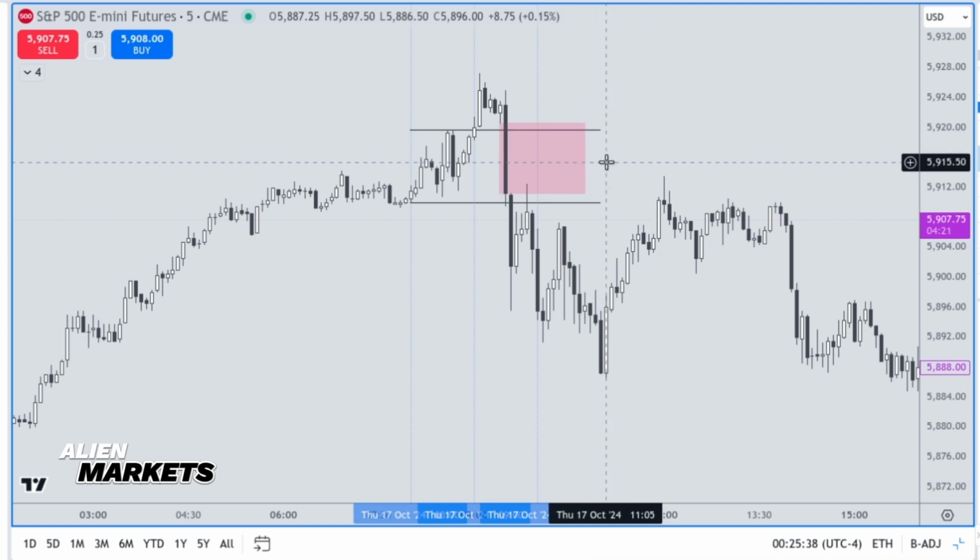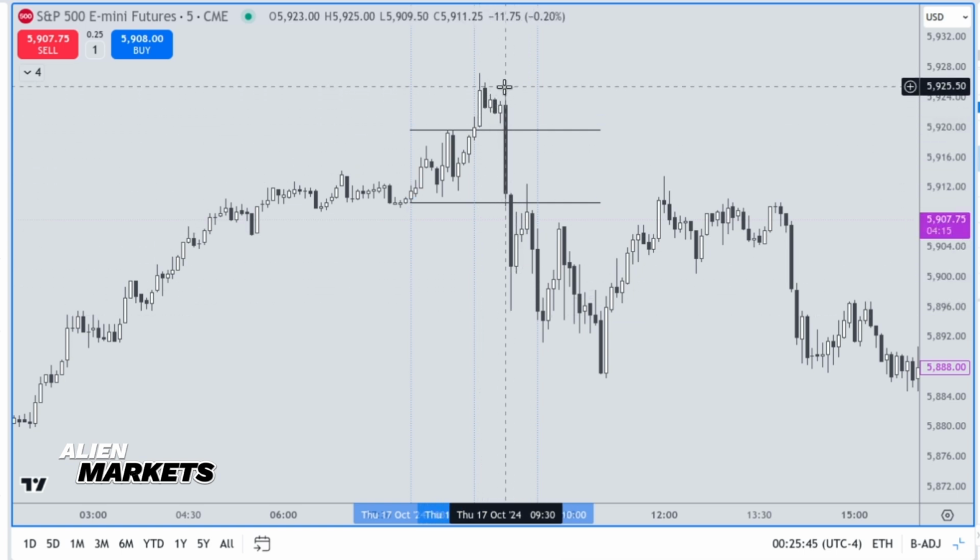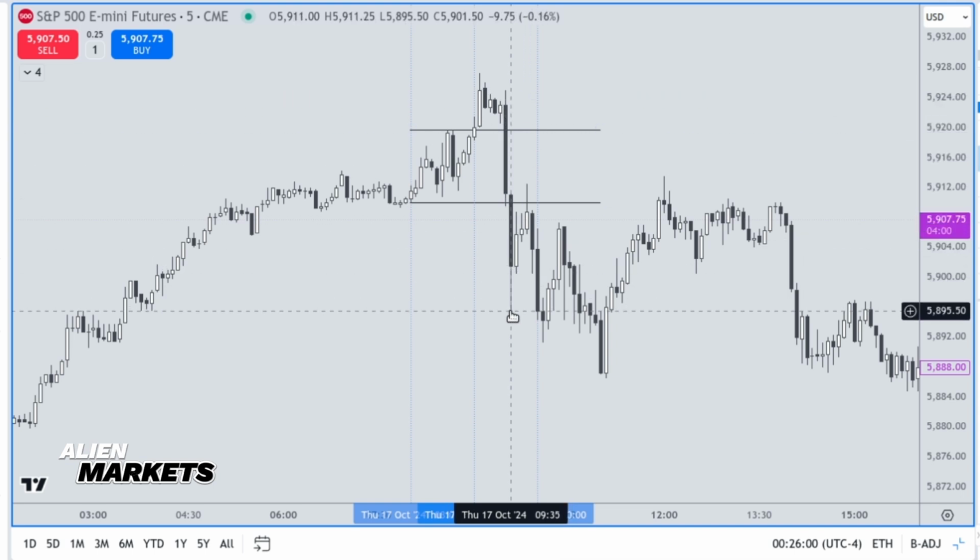It's very, very important because this outside bar gave me something very crucial in ICT's 2022 model: displacement. You have displacement here.